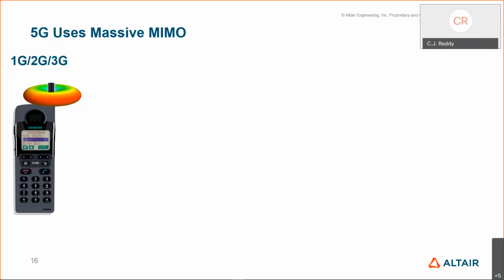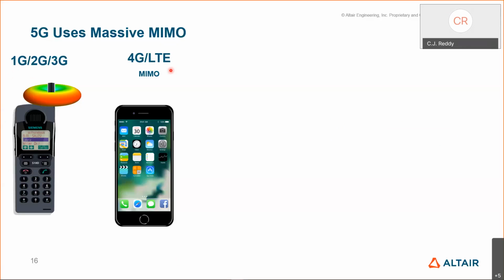So when the 4G LTE came, MIMO became more important there. It's multiple input, multiple output. That means you have not only one antenna, similar to what it is here in the one, and a second antenna for polarization diversity, and maybe more.